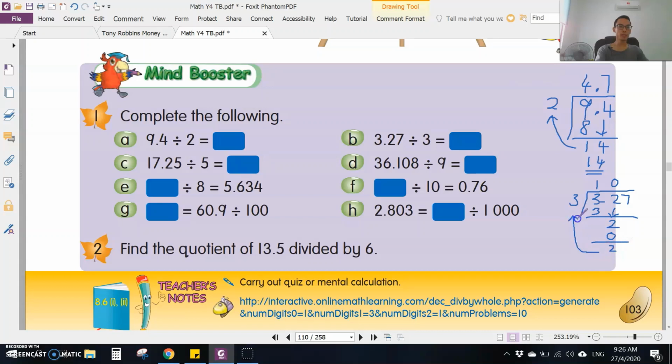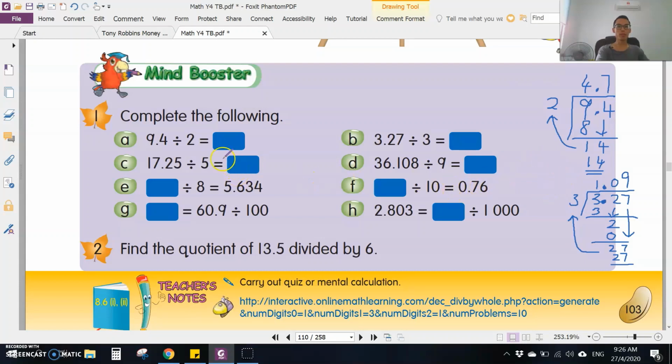Check whether it is smaller. Bring down the last number 7. 9 times 3, 27. Remember your decimal point. Okay, 2 decimal places. So here you also put 2 decimal places. So the answer is 1.09.